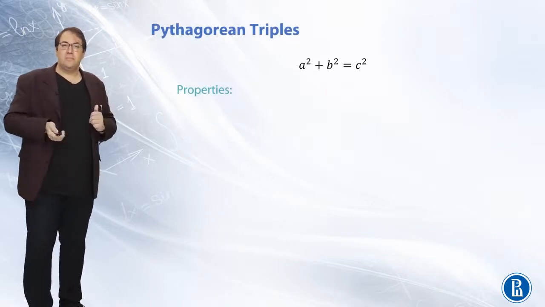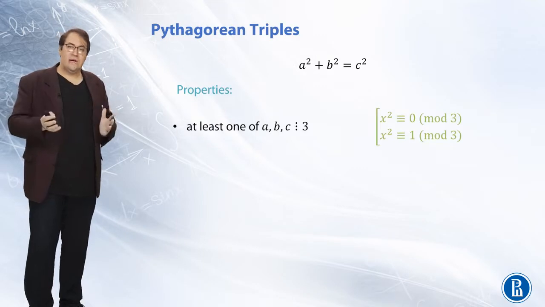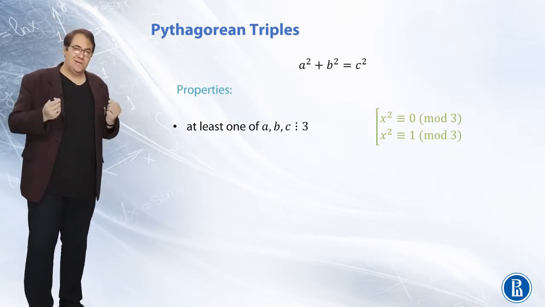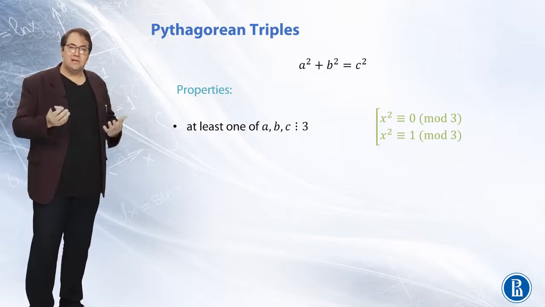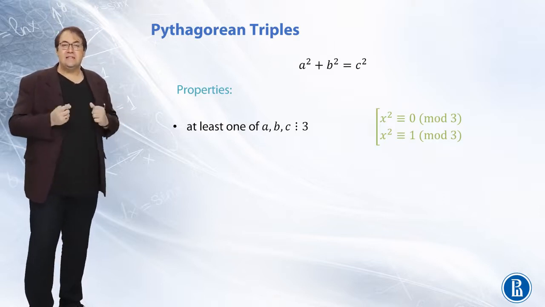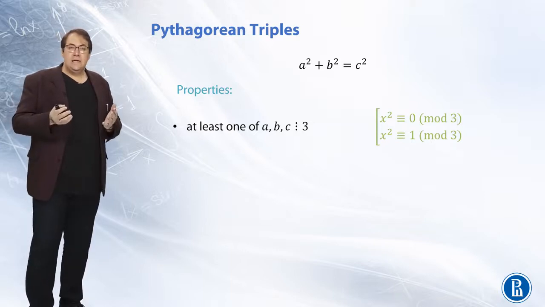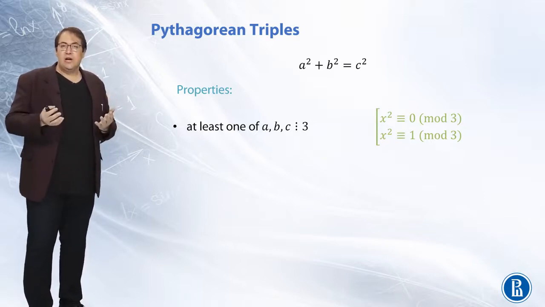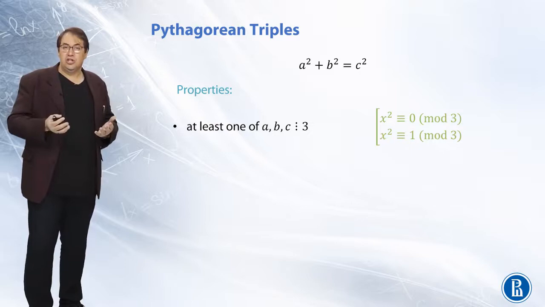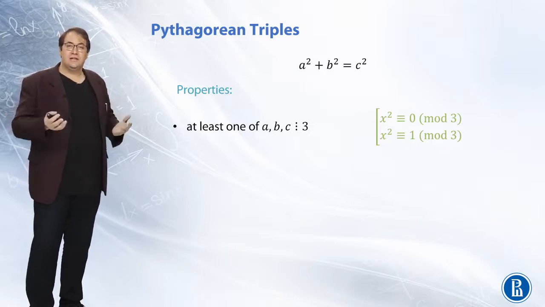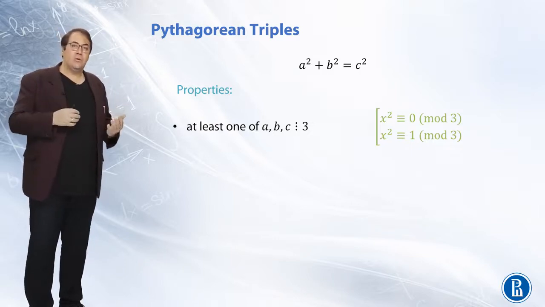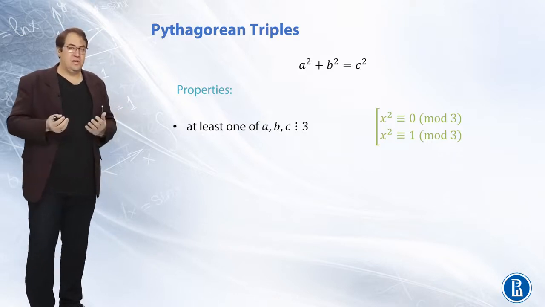First of all, you may notice that at least one of the numbers a, b, or c is divisible by 3. Why is this so? The square of an integer gives remainder 0 or 1 when divided by 3.